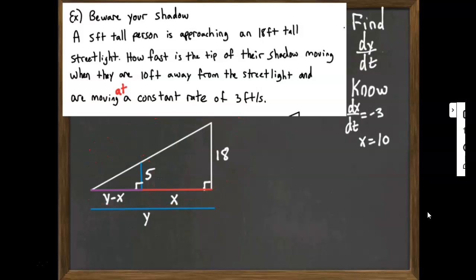How do we know they're similar? Well, they both have a right angle, and they both share this angle. And we know that the three angles in a triangle add to 180, so that means their other two angles here have to be the same as well. And if you have triangles that have all three angles being the same, then they're similar.